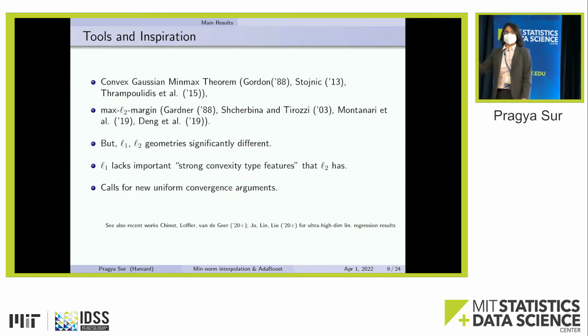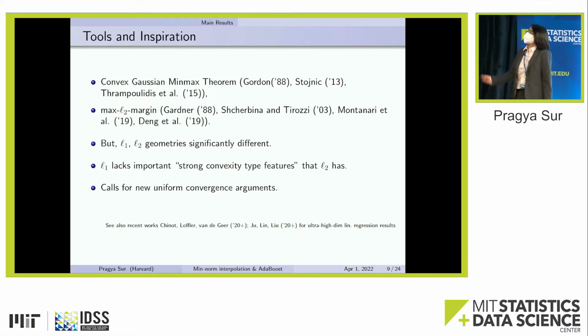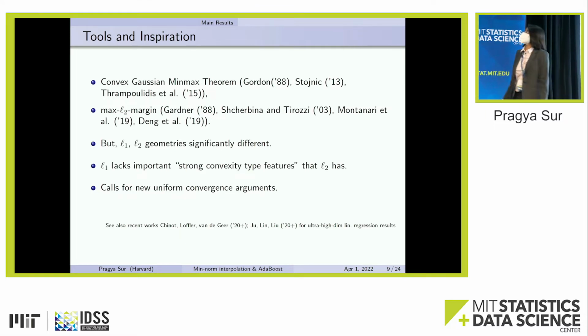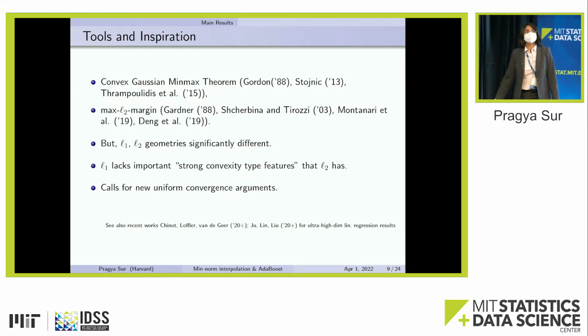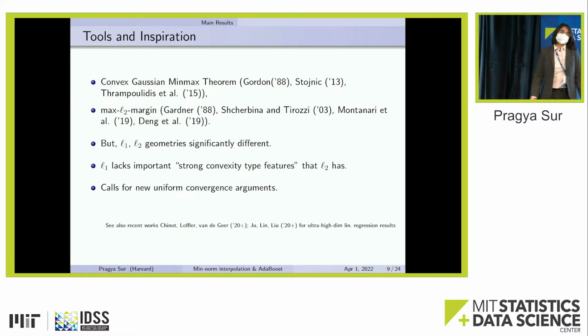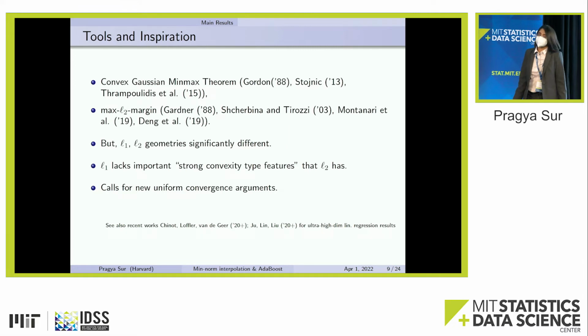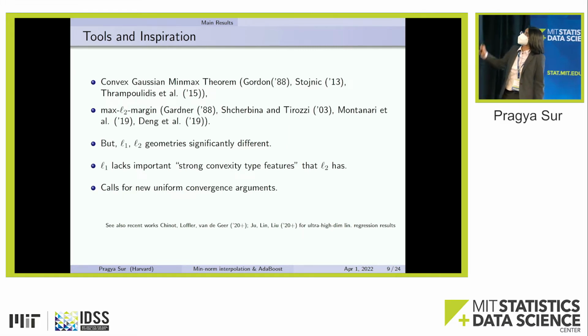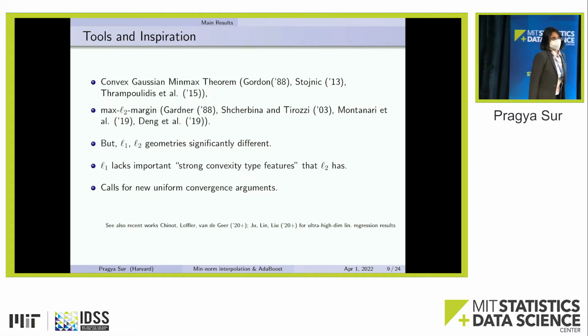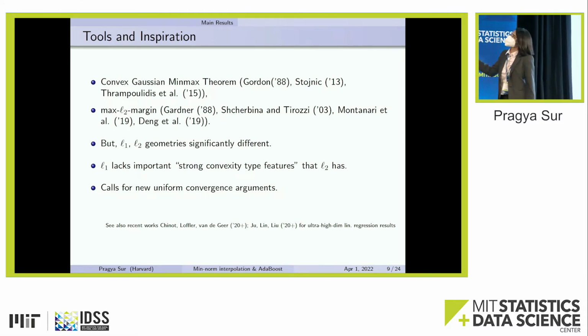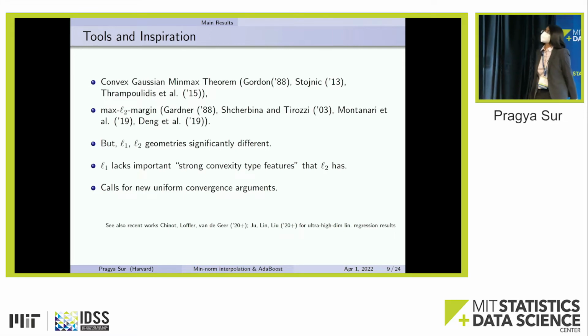For instance, in the statistical physics literature, the works by Gardner in 88 and Shcherbina and Tirozzi in 2003 give conjectures and predictions about the max L2 margin. Some of those results and others have been formalized recently by two groups: Montanari et al. from Stanford, one of whose authors is currently a postdoc at MIT, and Deng et al., a group from Caltech and later other places.